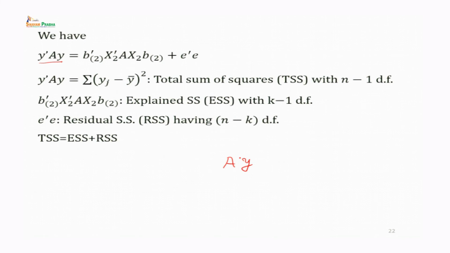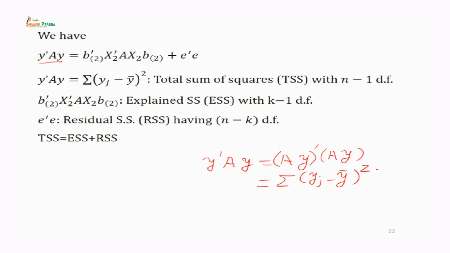It means you have a vector with elements y 1 minus y bar, y 2 minus y bar, and so on, and y transpose A y is equal to A y transpose A y, because A is a symmetric idempotent matrix. So, it is equal to A y transpose A y, and you can easily verify that this is summation y j minus y bar square. So, this is your total sum of squares, and it has n minus 1 degrees of freedom.